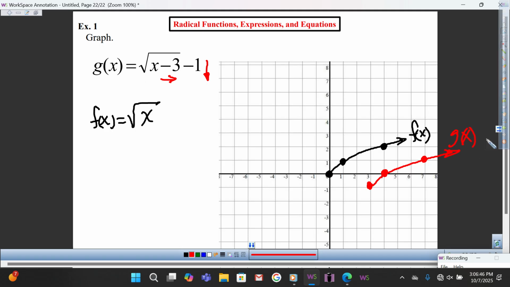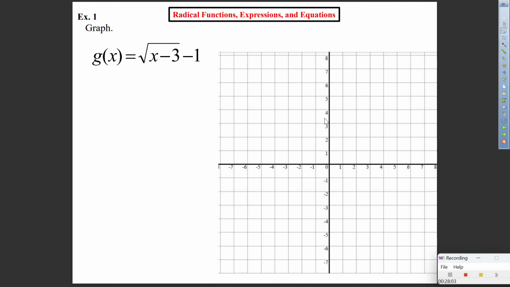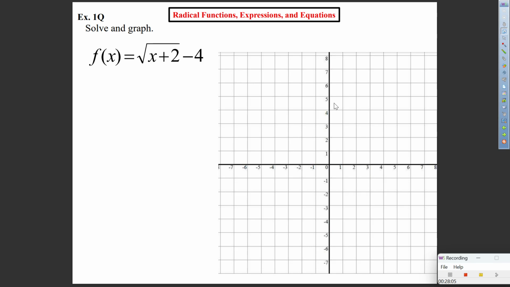All right, from 1 to 5, how confident are you with this so far? Where are we at? Yeah, 5s, 4s, 5s, 4s. Okay. Do another one. Example 1Q, change it to the next coordinate plane. Do this one completely by yourself, the whole thing.